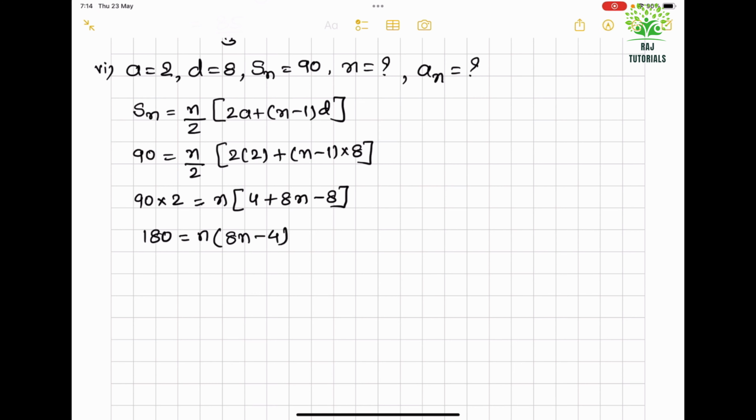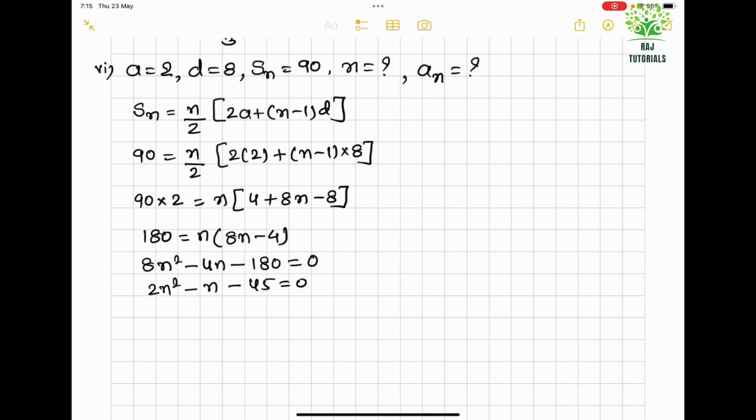So I can say 8n square minus 4n minus 180 equal to 0. We get 2n square minus n minus 45 equal to 0.